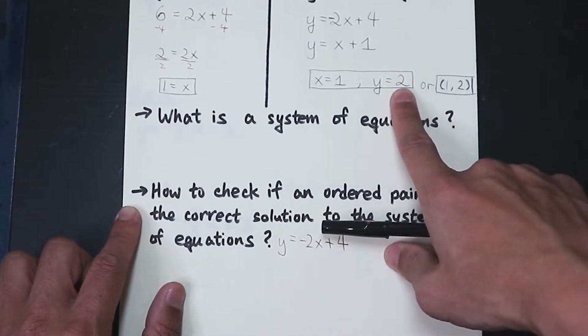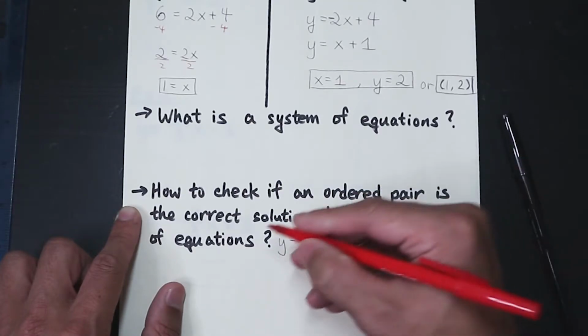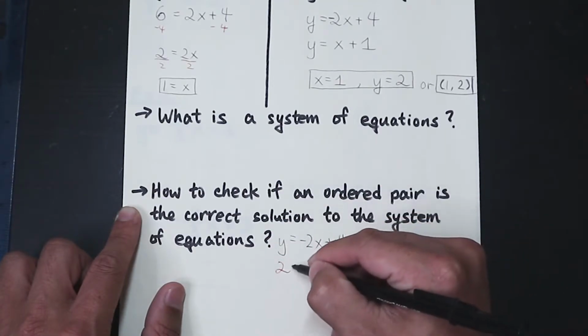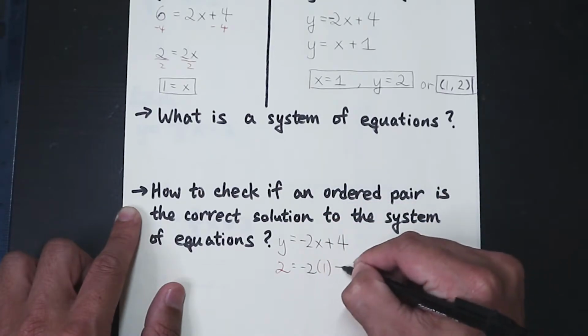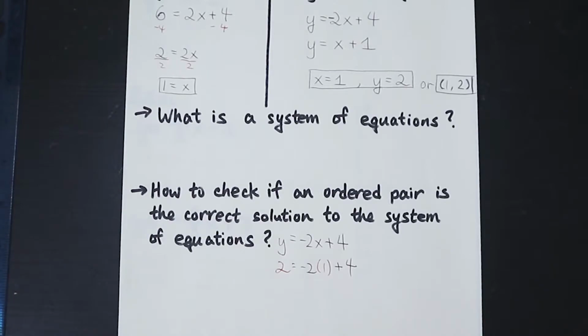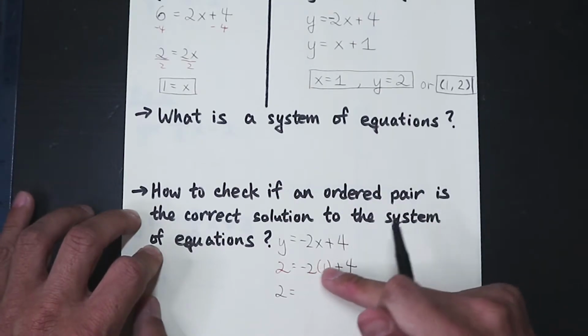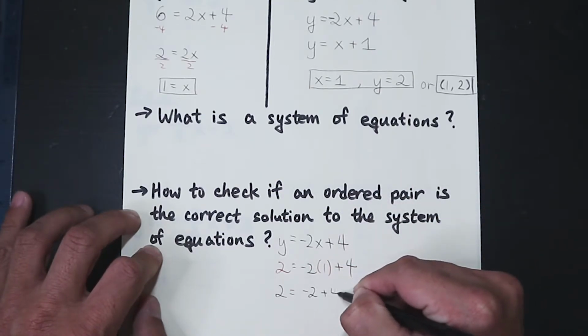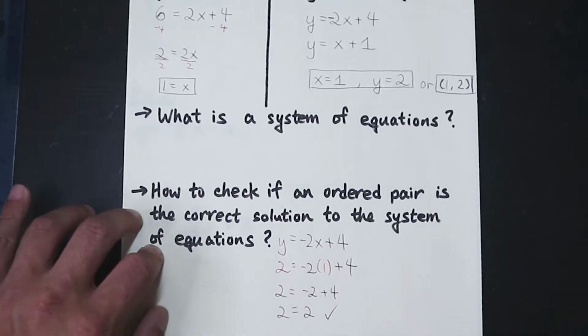Since I know that y is 2 and x is 1, we substitute y with the value 2, and then substitute x with the value 1, and then write the remaining part, which is plus 4. Your goal is to check whether the left side is equal to the right side. We use order of operations. We multiply negative 2 times 1, which is negative 2, plus 4. Negative 2 plus 4 is 2. So 2 equals 2. That works.